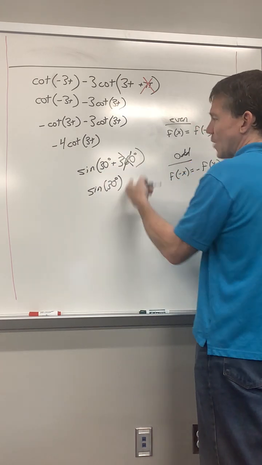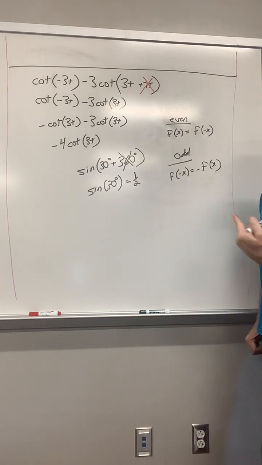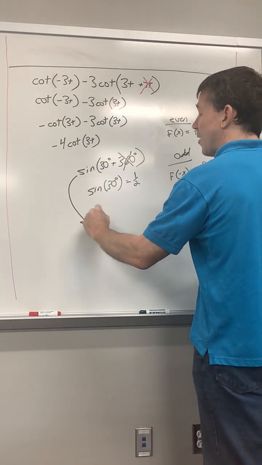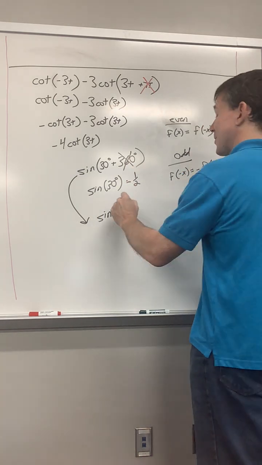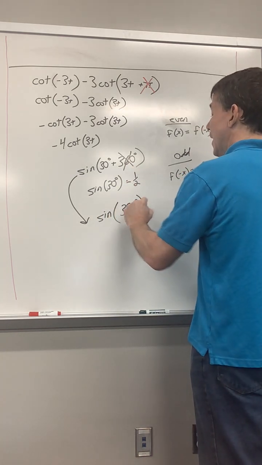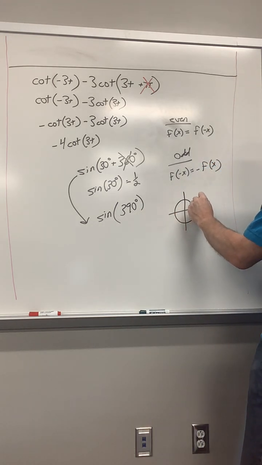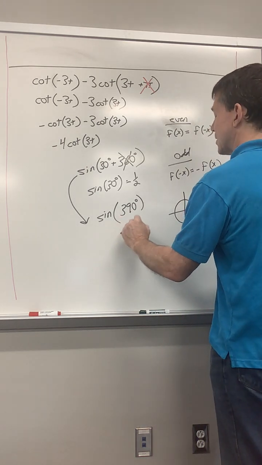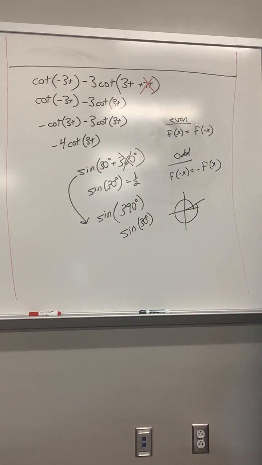So I can just drop that, and then I know the sine of 30 degrees is 1/2, and there's my answer. But I could also say that's the sine of 390. If I then graph that, that's 360 degrees, that's 390 right there. Oh, that's a 30-degree angle, so this is really just sine of 30 degrees, and I get the same answer. And that's what I mean.